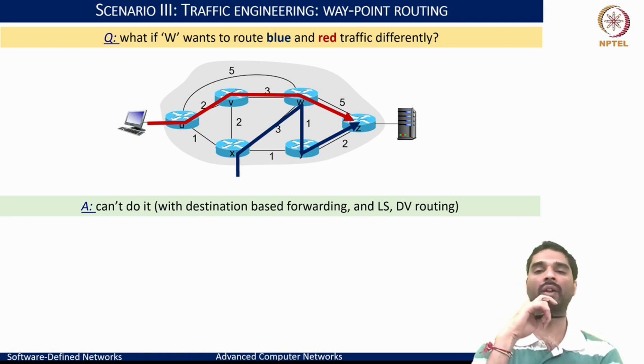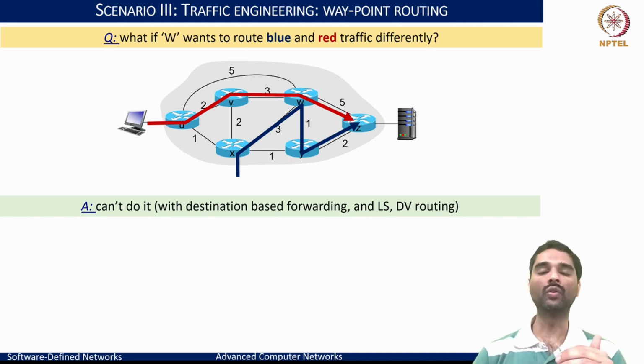Now if we retrospect and see what we would need to affect the waypoint routing, we can see that we cannot have just destination-based forwarding, but we would want the routing to consider the key policies as such.